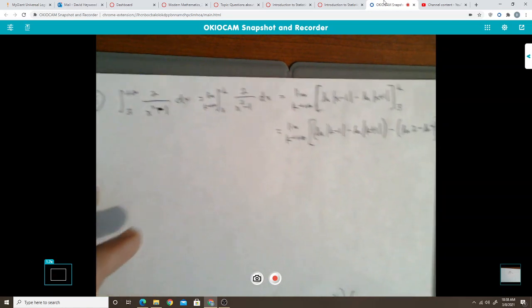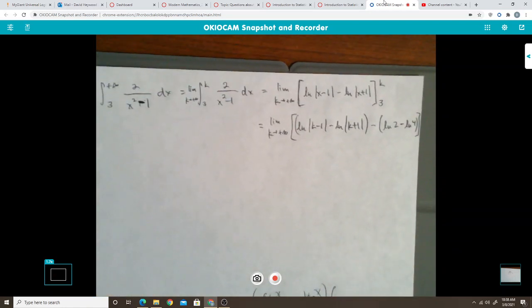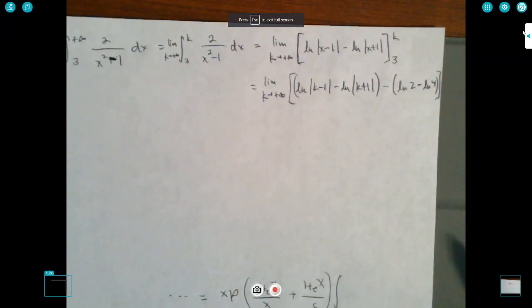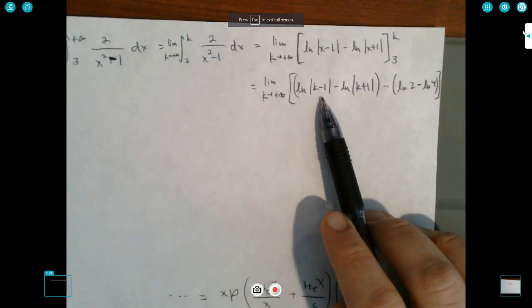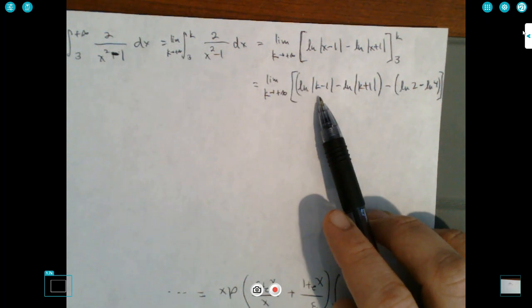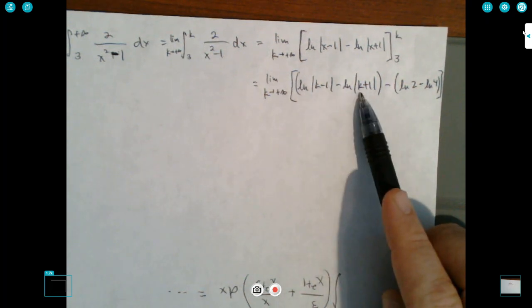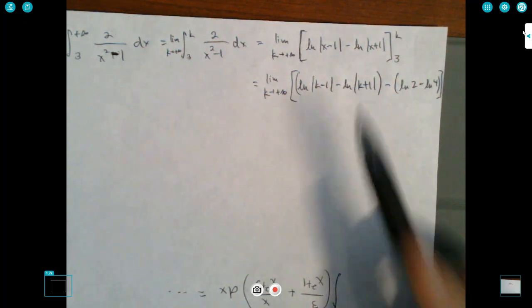Okay. Whoop, I went off the screen there. I apologize. Now, if you imagine popping in infinity now, right? This is going to be infinity minus infinity, which is indeterminate.